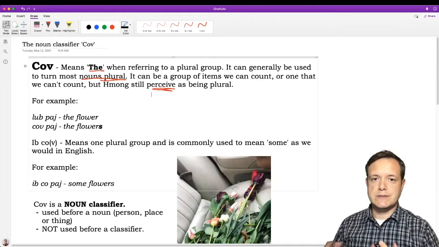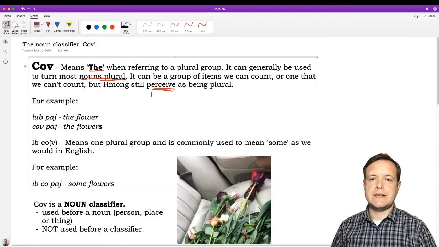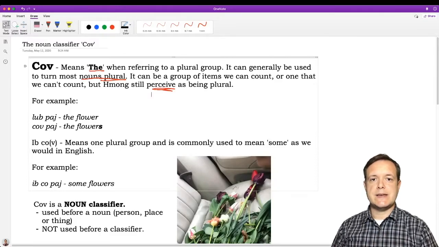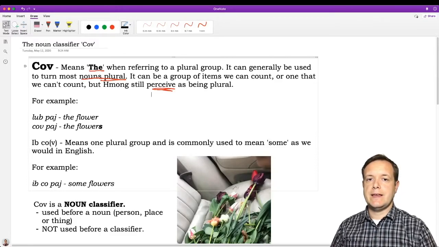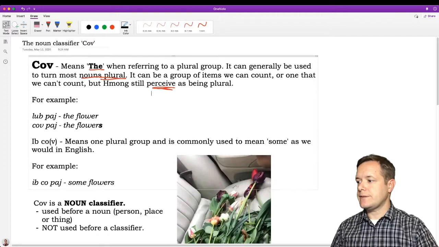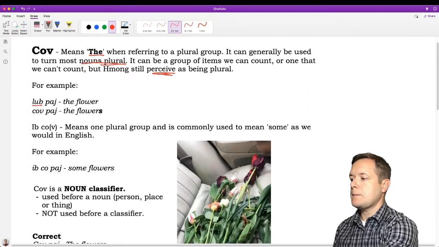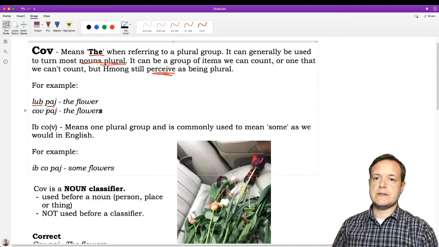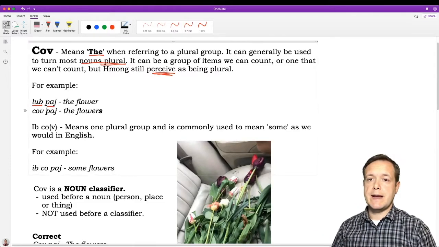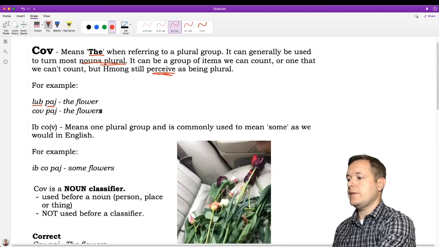So just as with any grammar thing, these definitions are easy to say, but they don't make a lot of sense when you just read them off like that. So let's look at some examples and kind of bring it to life. Starting off with the word for flower, if we say lo pa, lo is a general classifier. We use it before pa, the word for flower, and it becomes "the flower."